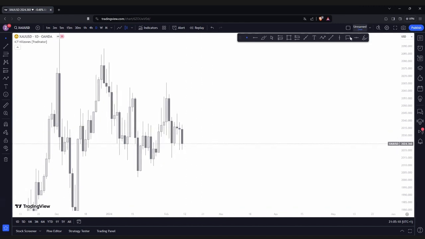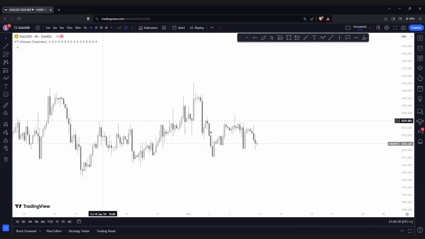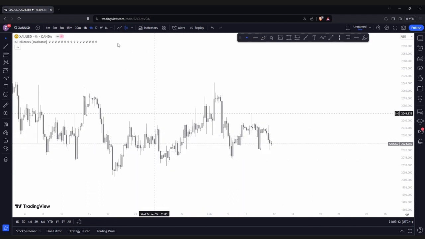So I got many entries, but all of them hit break even because I like to hold it to the next daily or next weekly. Any entry you get, I'm going to hold it for more than 120 pips. But lately gold has been going 60 pips, 80 pips in profit, then comes back to break even. And that happens. There are certain times and seasons where the market is just chopping around and it is totally fine.